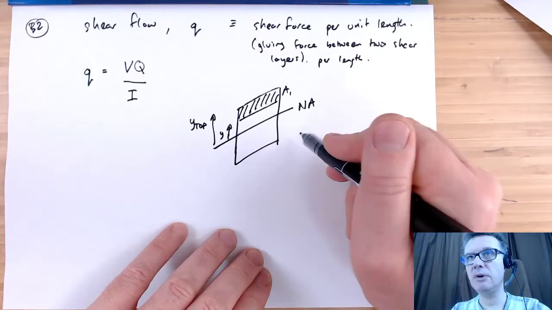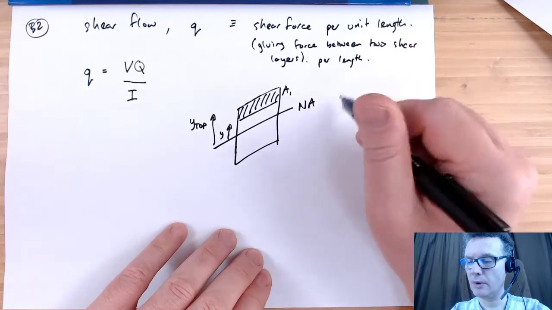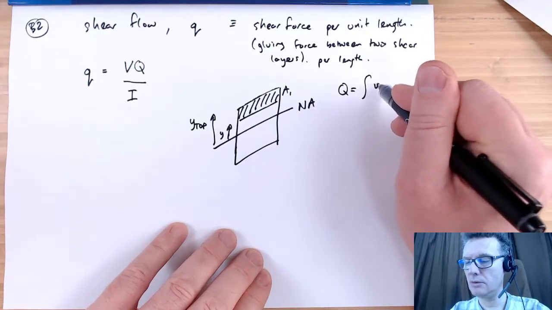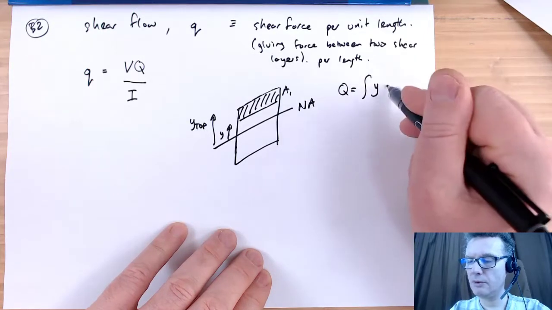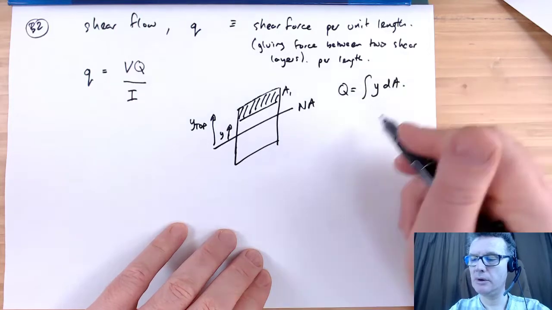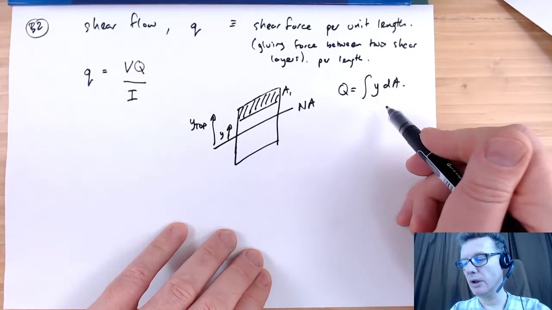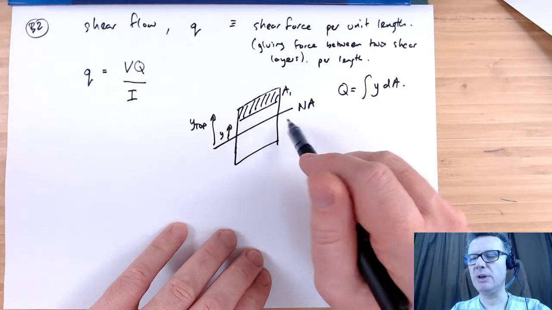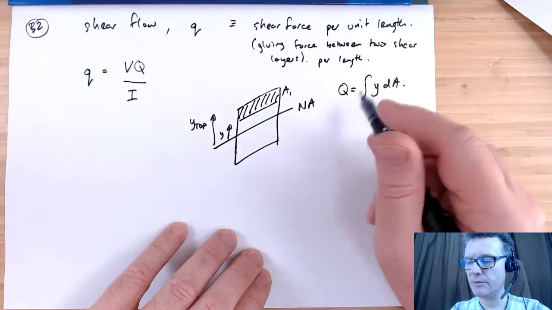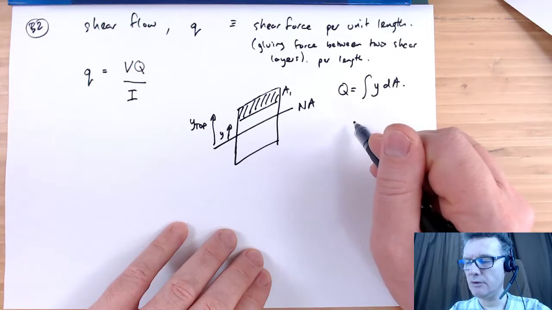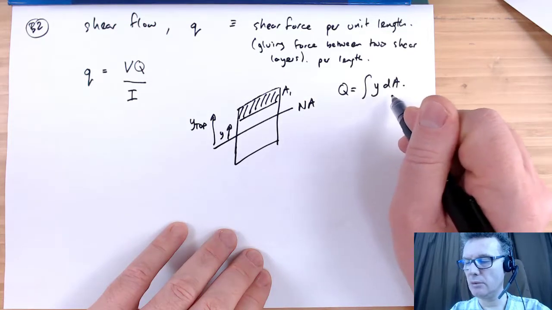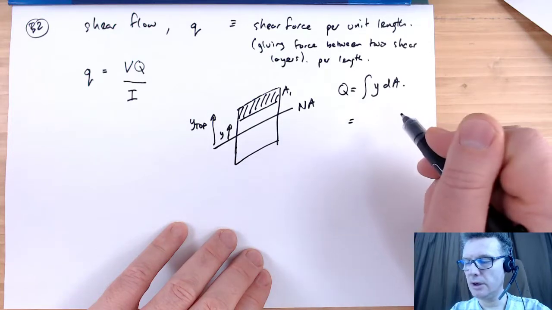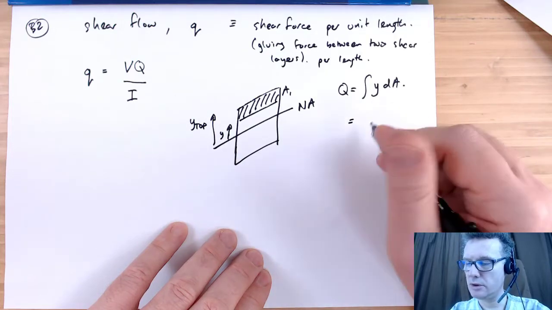If I was dealing with, say, a simple square, Q is defined as the integral of y with respect to area. For simple shapes like squares and rectangles, how would you find that? You find that by the centroid.